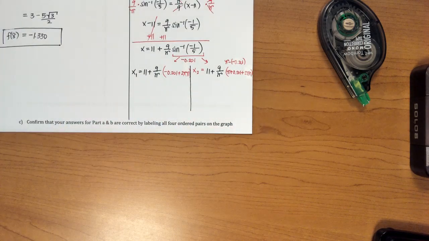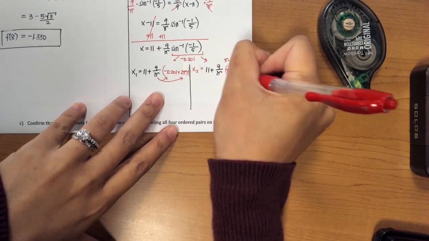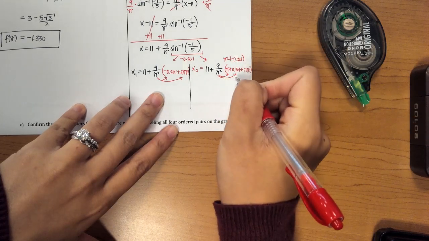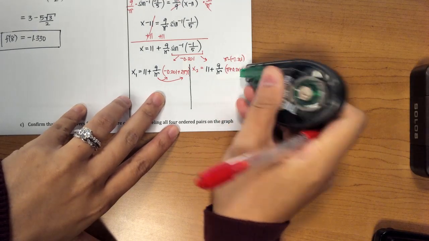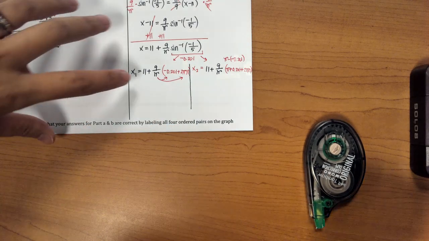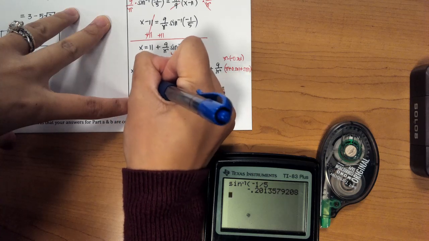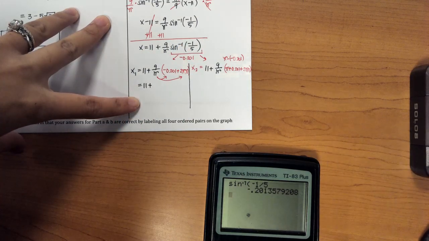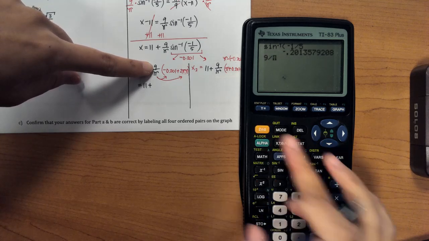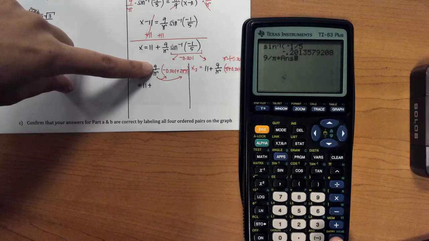Okay, we're going to distribute. And this time we have to be really careful because this matters a little bit more. Oh, let's not distribute this one yet. We'll do them one by one. Okay, we have to do a little bit more work here. So let's see, 11 plus, we'll just do this one by one. 9 divided by pi times that number.